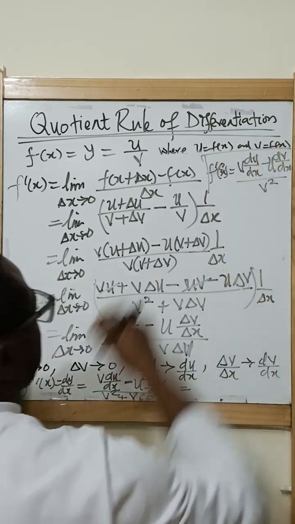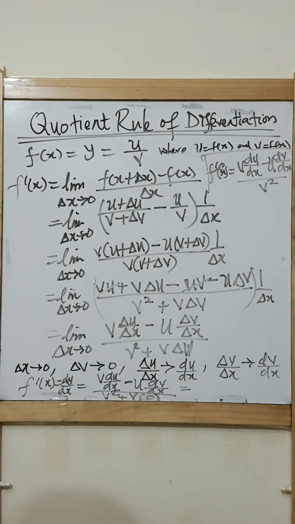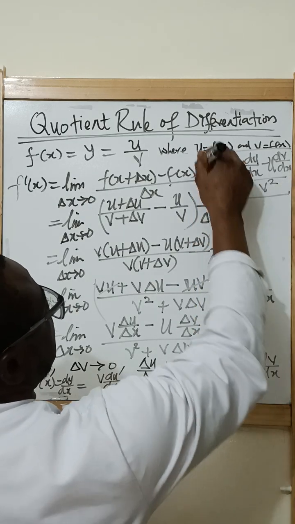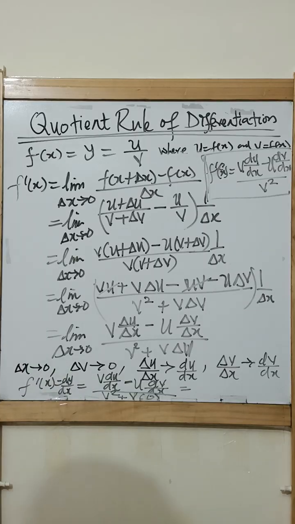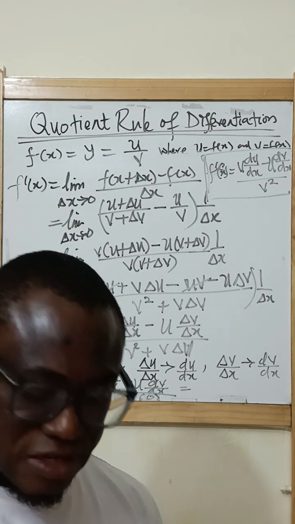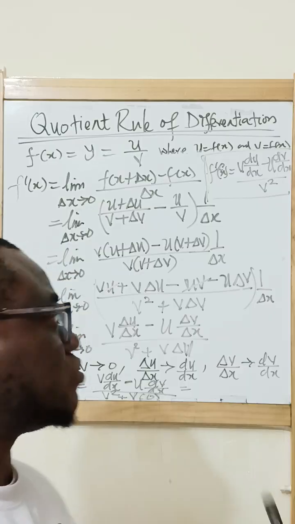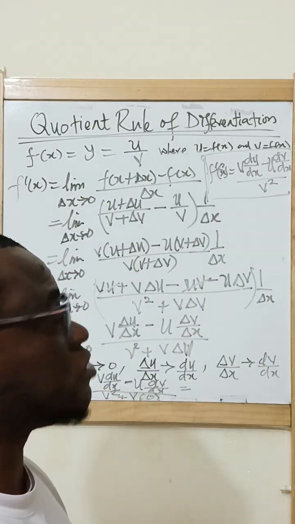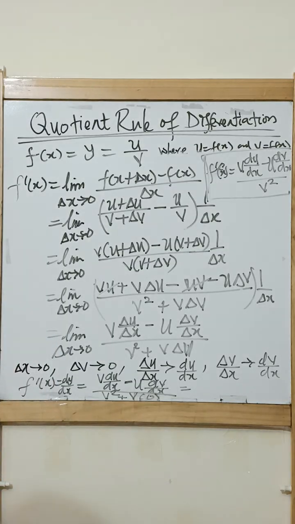So that's the formula for the quotient rule. Whenever you have two functions dividing each other, we use the quotient rule formula to solve it. Okay, thank you.